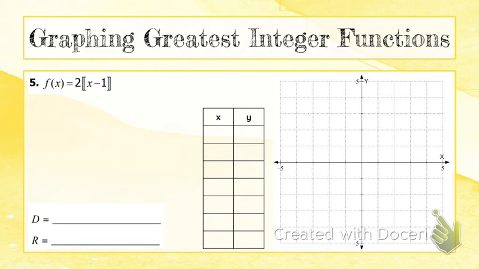On number 5, I want you to use the same x values that I just told you about. I put the parent function there, like the original function. But this function is going to move it to the right because of that negative 1. And then it's also going to stretch it out by a factor of 2.